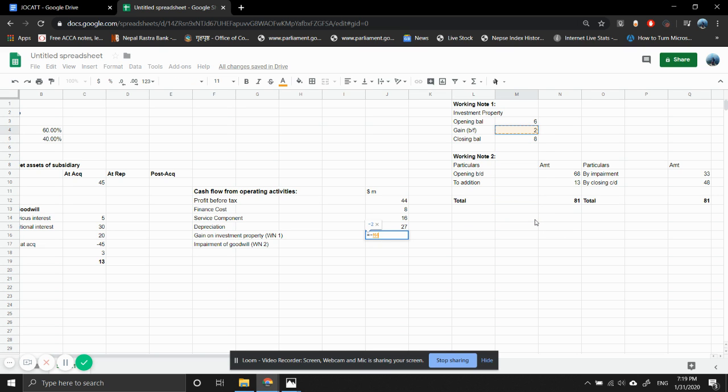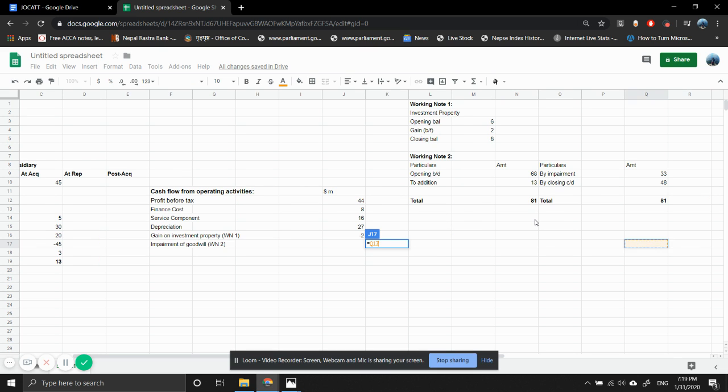So we need to reduce it from here. And then impairment has already been reduced, so it should be added, right?